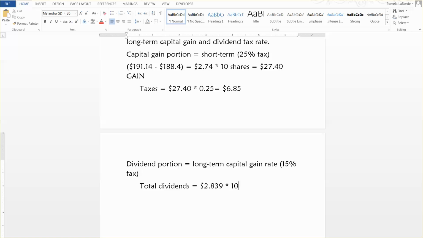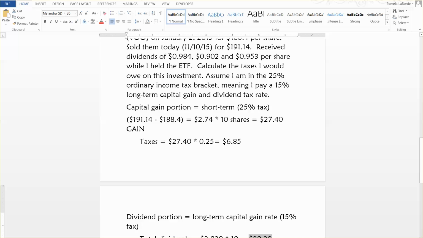So now I multiply by the 10 shares that I owned, and I'll receive $28.39. I didn't get it in a lump sum. Basically, they paid it to me in small increments. Since I owned 10 shares on one day when they paid this dividend, I received money in my account totaling $9.84.